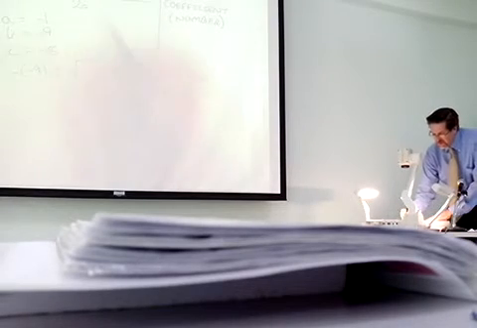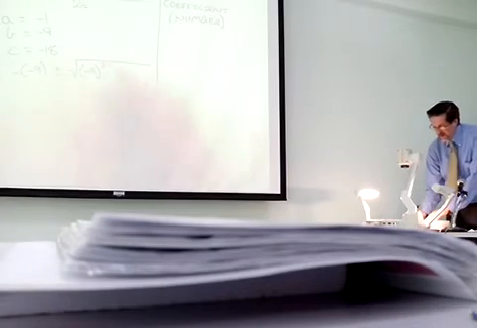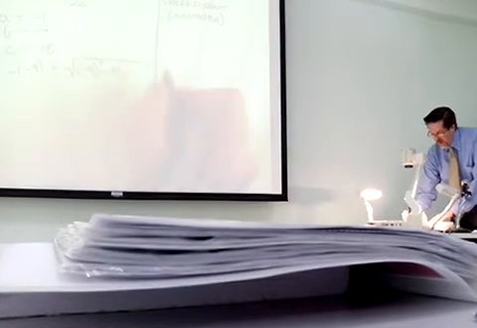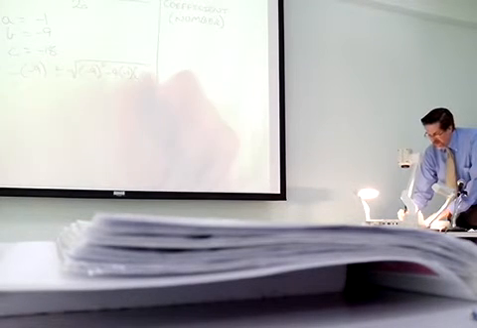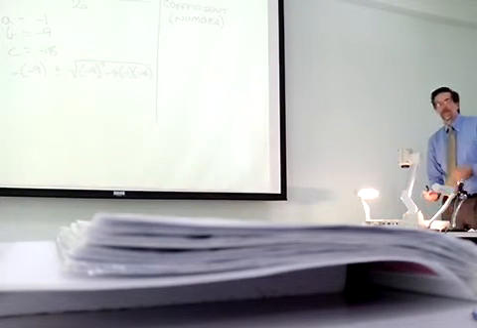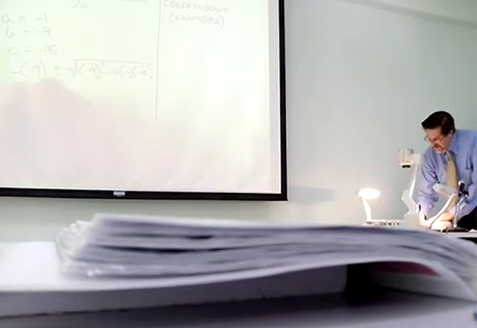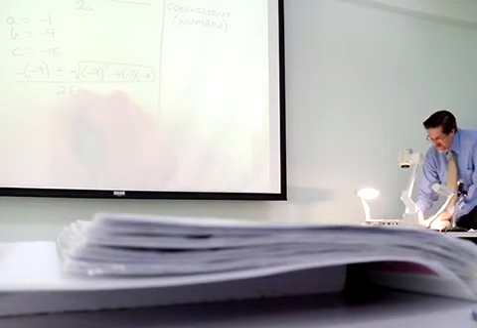Plus or minus the square root of b squared, which is negative 9 squared, minus 4 times a, which is negative 1, times c, which is negative 18, divided by 2 times negative 1.